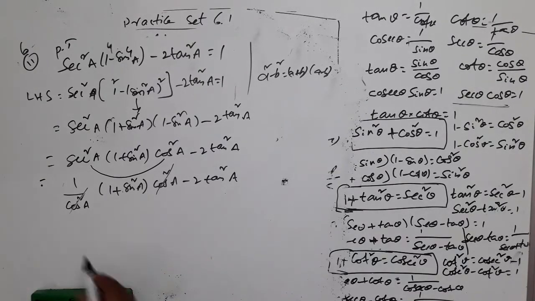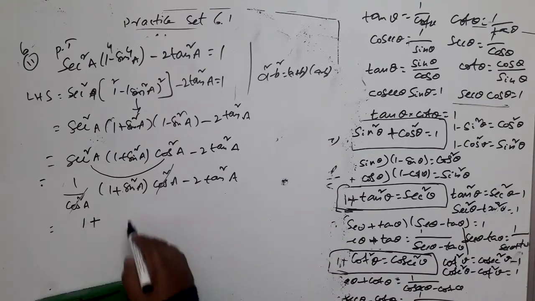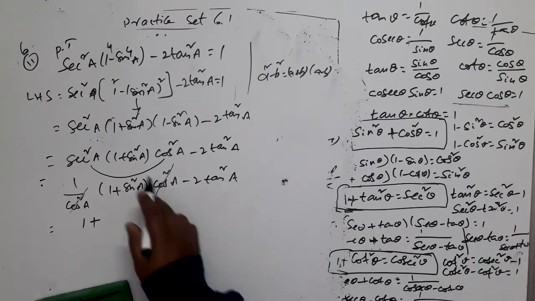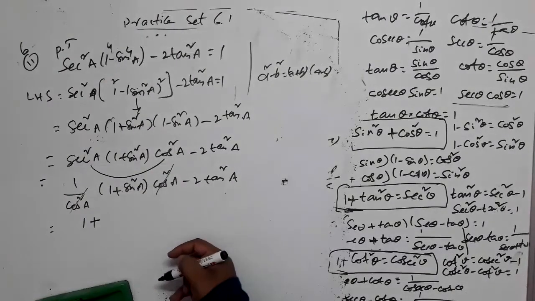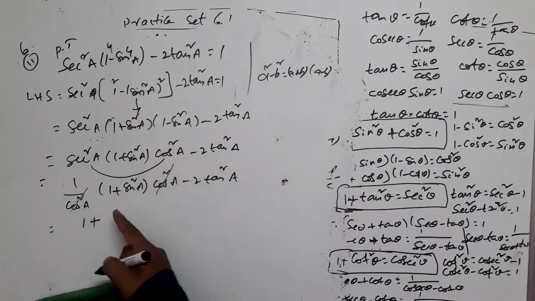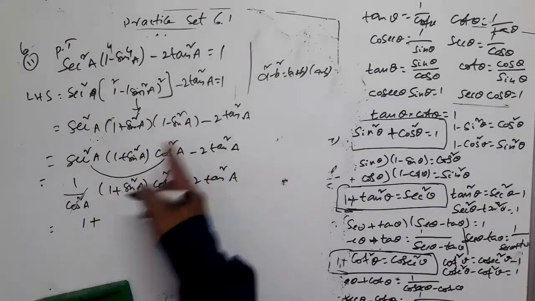These two are equal. So this is 1 plus sine square A minus 2 tan square A. Somewhere I have gone wrong.